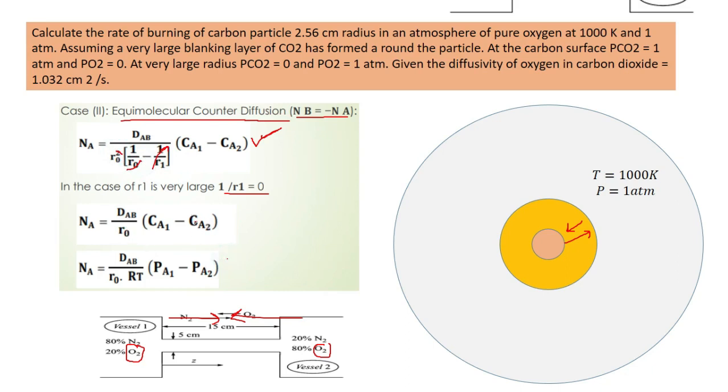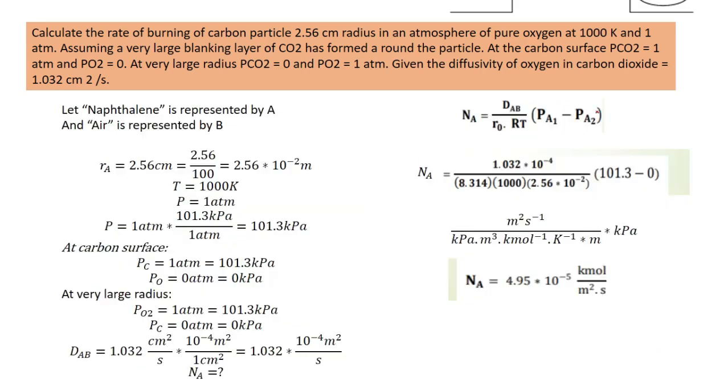So CA is equal to PA over RT, and RT is because of the conversion. So you will use this formula, which I have written here. This is DAB divided by R, the general gas constant, 1000 is the temperature, while r0 is the radius, 2.56 into 10 raised to power minus 2.